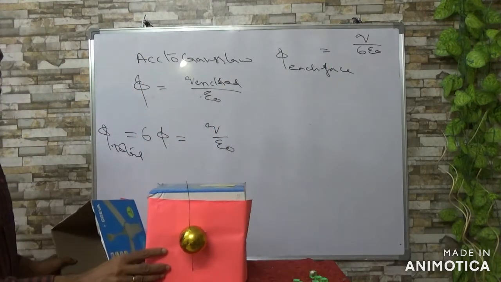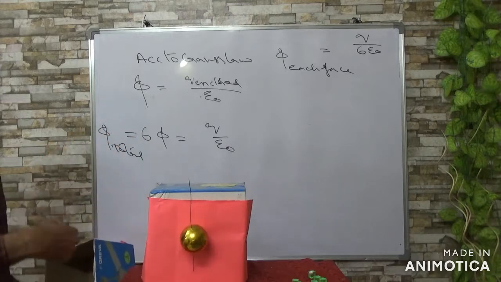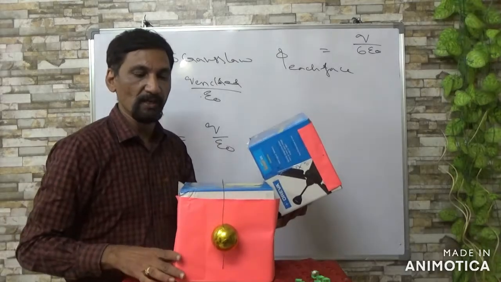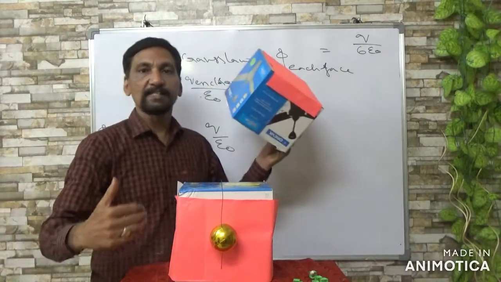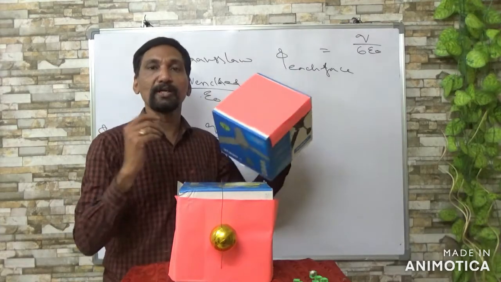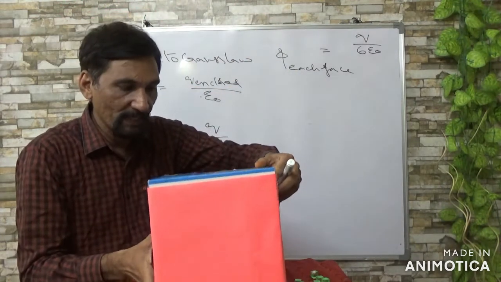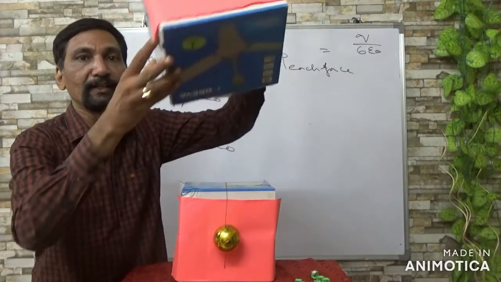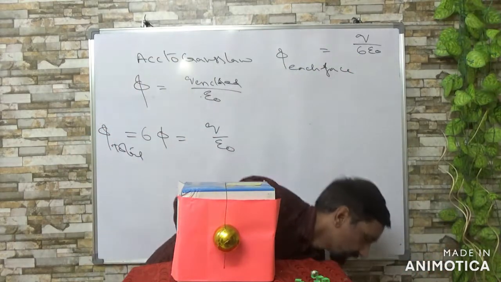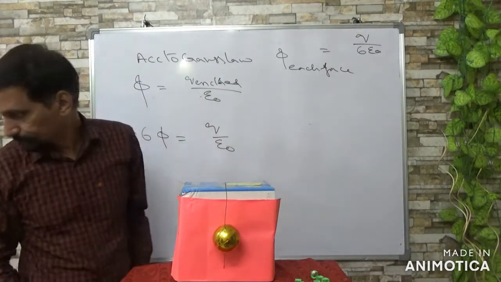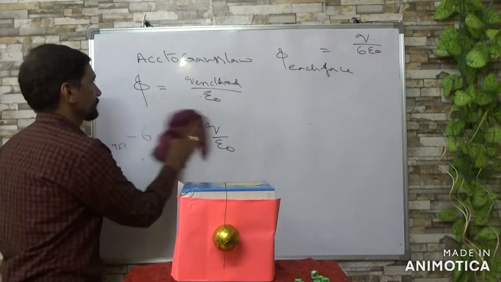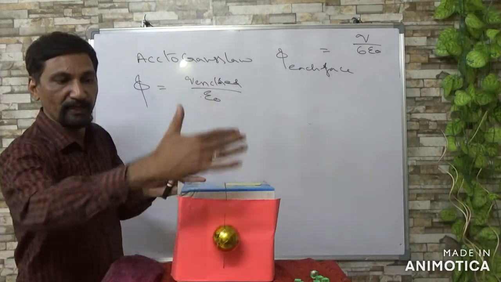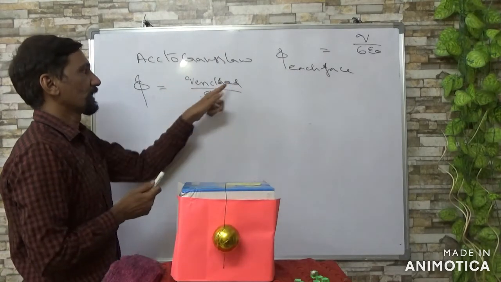You want to find the flux of the given cube. How? It is very simple. It must be surrounded, right? So how can you surround it? Only through another cube, like this. Whenever it is surrounded by another cube, you can find the total flux. So the total flux of the system, when it is covered with another cube, is the charge enclosed by epsilon naught.